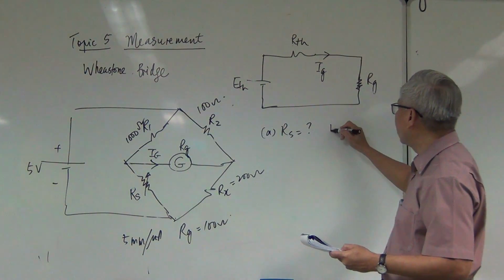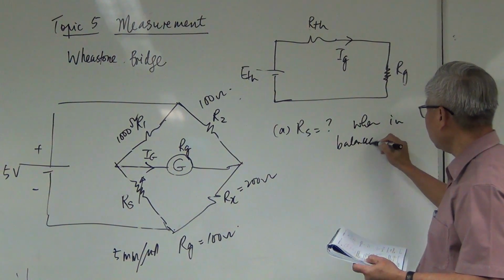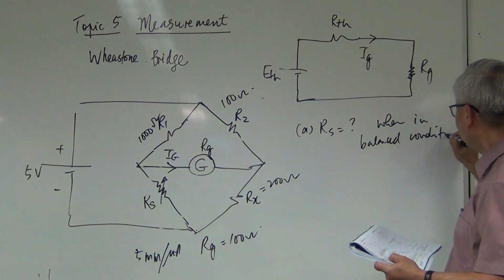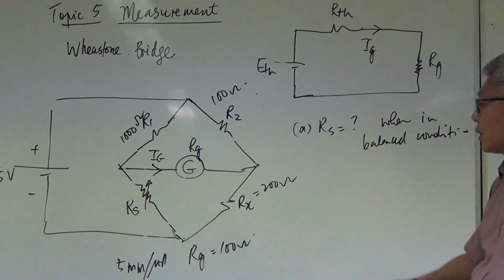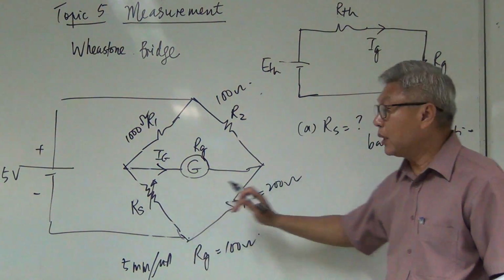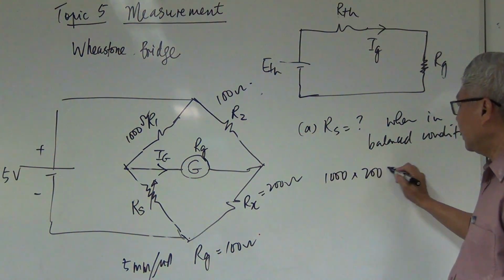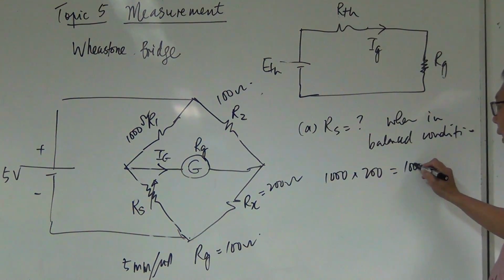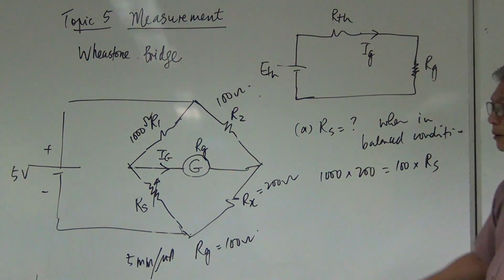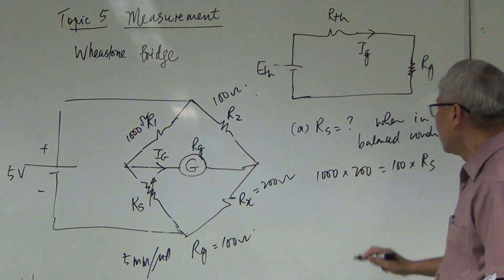In balance condition, what was the formula? This multiplied by this equals this multiplied by that. So 1000 multiplied by 200 equals 100 multiplied by RS.